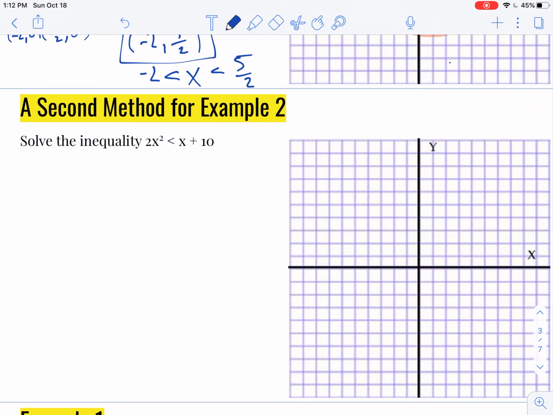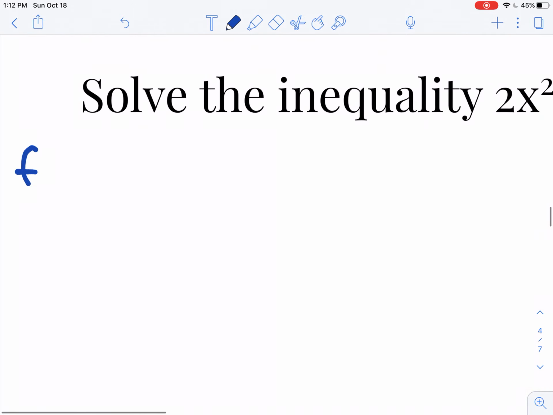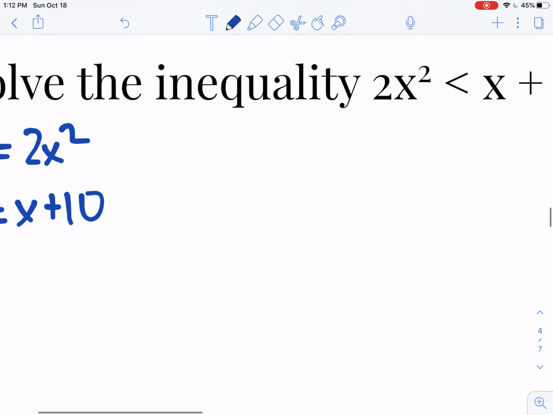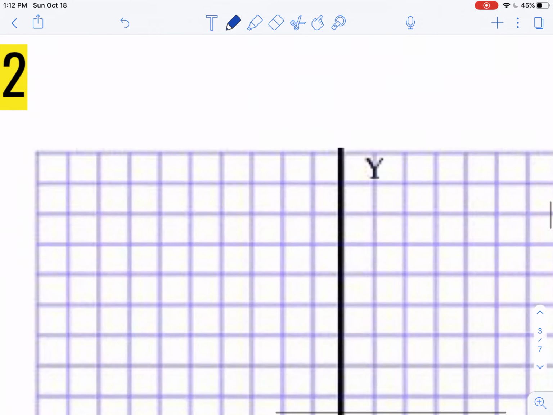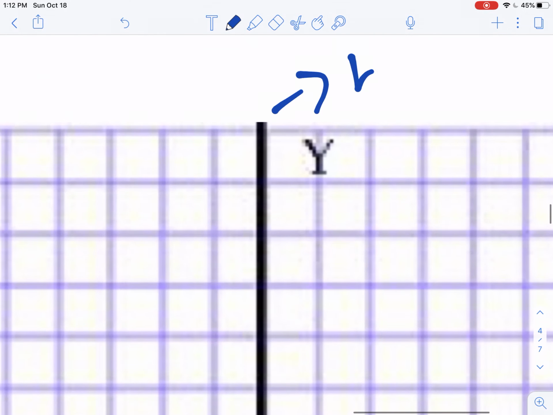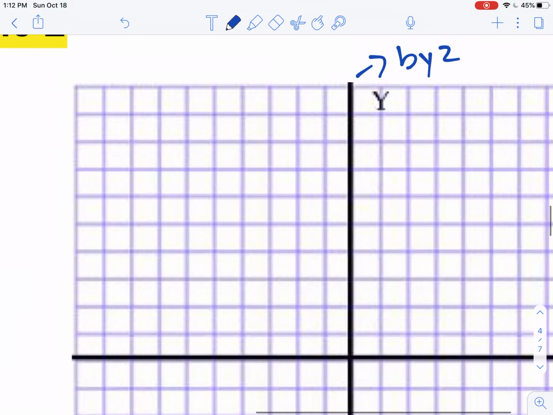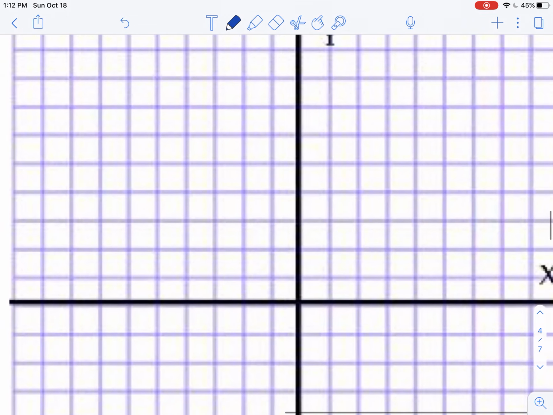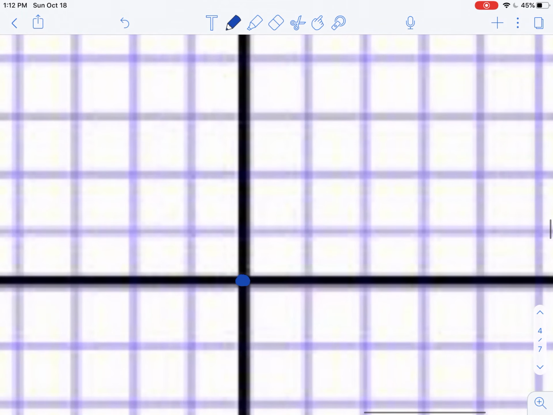So we want to solve the inequality 2x squared is less than x plus 10. I could graph these as two separate things. I could say I've got f of x is equal to 2x squared, and then g of x equal to x plus 10. I'm going to count my y values by 2 again to make sure this actually fits. 2x squared is a quadratic with one simple transformation.